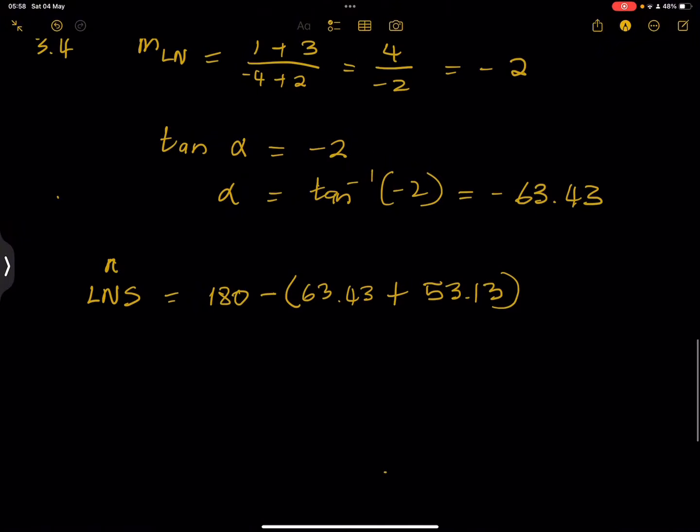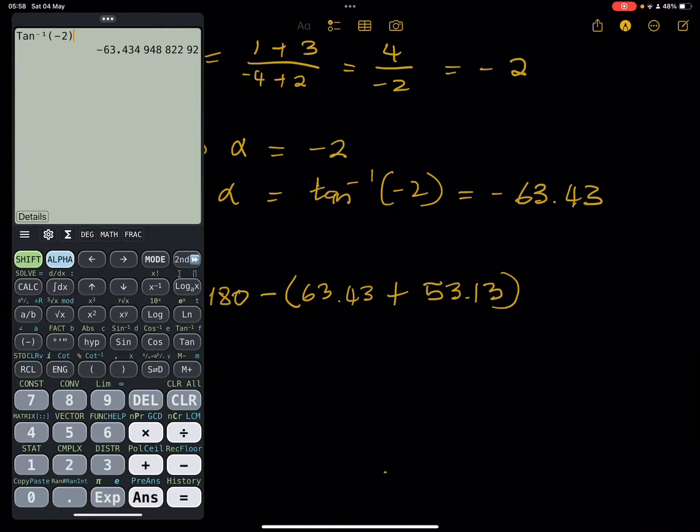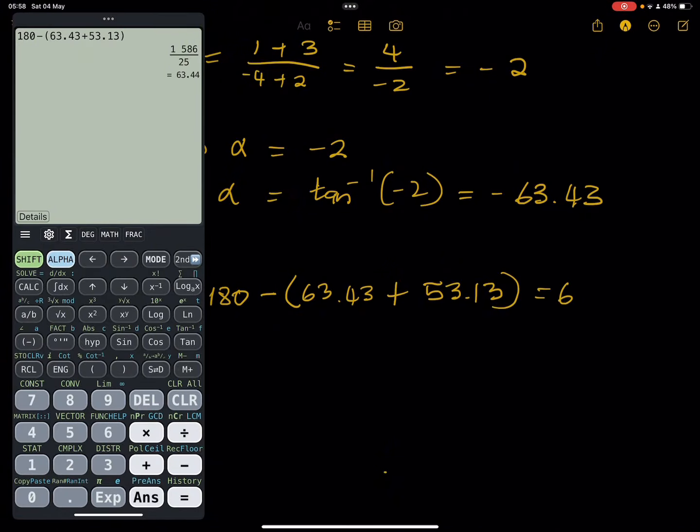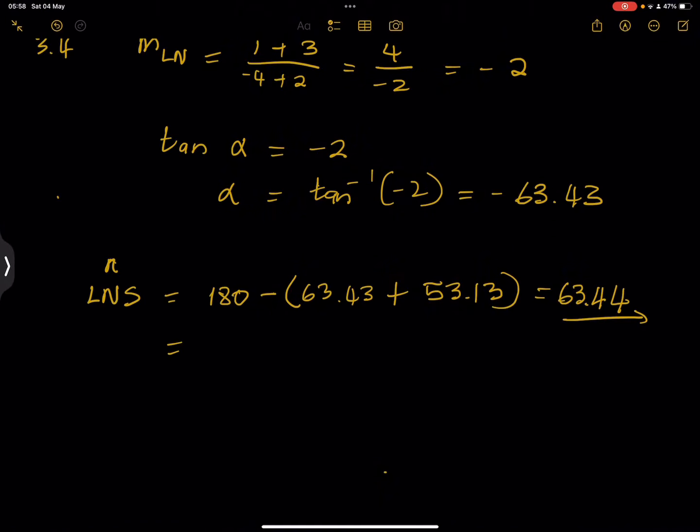Okay, so let's get that angle there. So that's 180 minus, that's 63.43 plus 53.13. And I get that to be equal to 63.44. And that's our angle LSN. So that's the size of LSN.